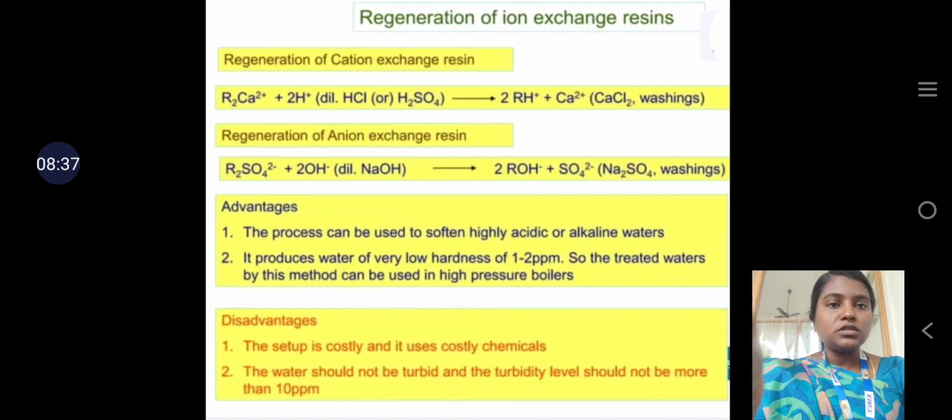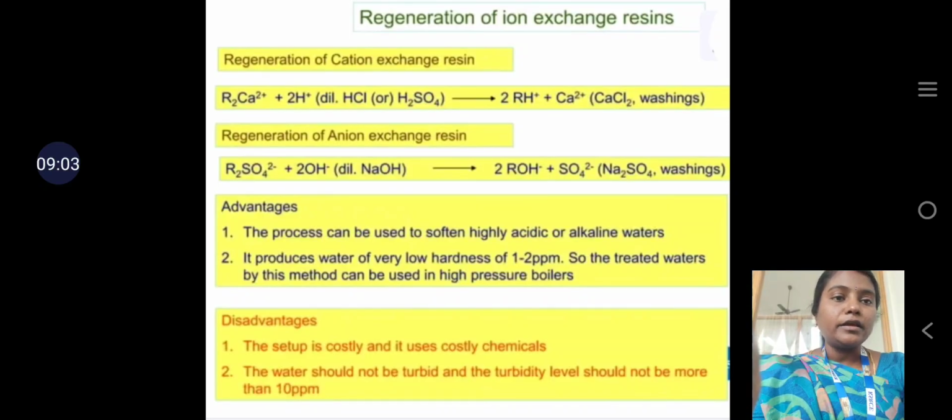Before that, let's go through the reverse process, that means regeneration of cationic exchangers and anionic exchangers. So simply we are reversing that exchanging process. R2Ca is the product of the exchanging process. While we are adding diluted acid, either HCl or sulfuric acid, it will reverse, that means it will regenerate the cationic resin and leave the free calcium waste.